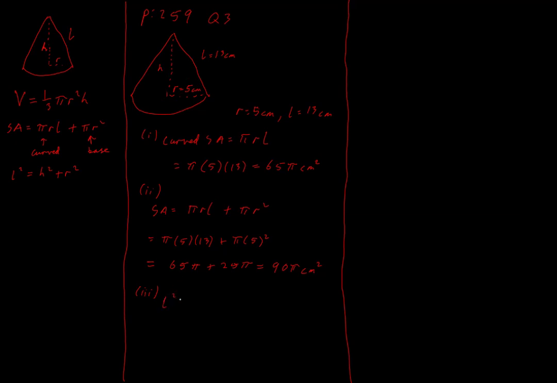So L squared is going to equal h squared plus R squared. And I know what L is. It's 13. Everything I sub in, I put in brackets, is equal to h, which is what I'm looking for, plus my radius is 5. So I get 169 is equal to h squared plus 25. I subtract 25 from both sides.